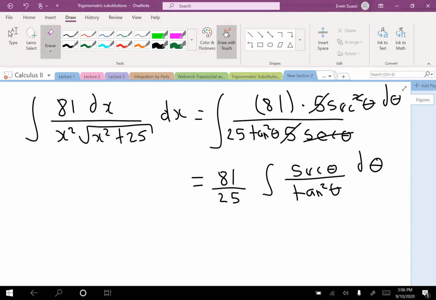This is secant theta over tangent squared of theta. There is a way I can manipulate this.